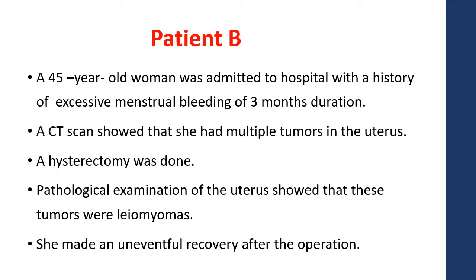The second patient is a 45-year-old woman admitted to the hospital with a history of excessive menstrual bleeding of 3 months duration. A CT scan showed that she had multiple tumors in the uterus, and a hysterectomy was done. The pathological examination of the uterus showed that these tumors were leiomyomas.